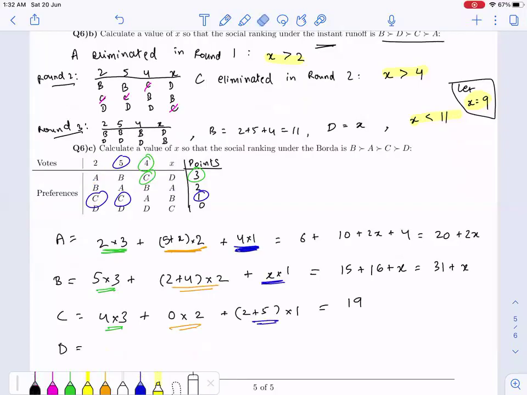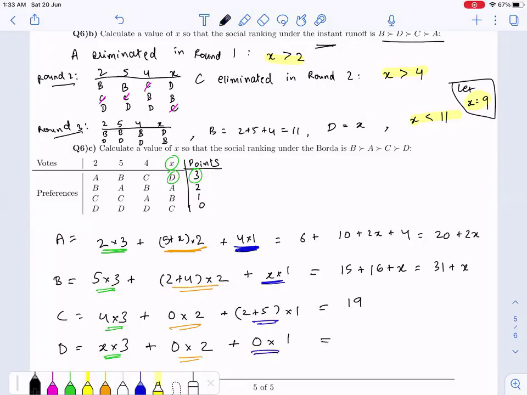Finally, let's do D. X voters voted D as their top choice. That's X times 3 plus no voter voted D as their second top choice. So 0 times 2. And no voter voted D as their third top choice. So 0 times 1.